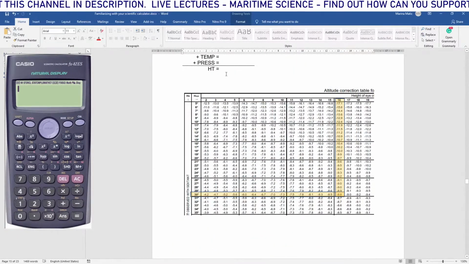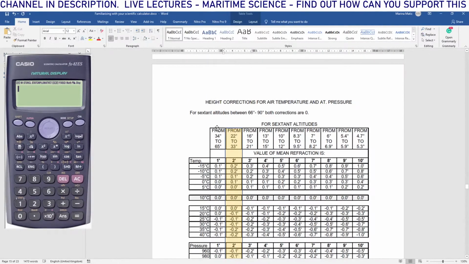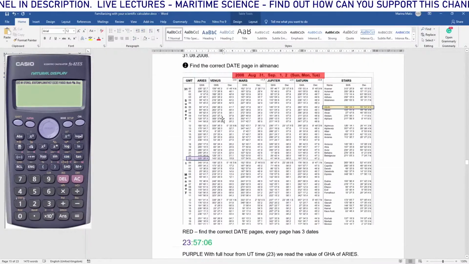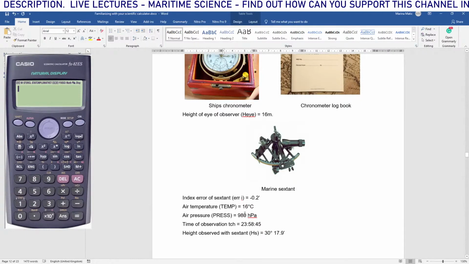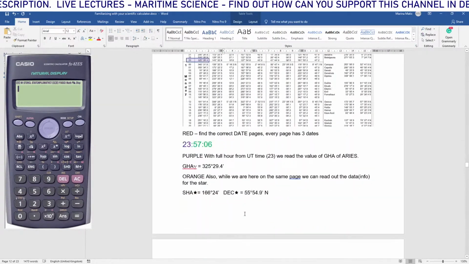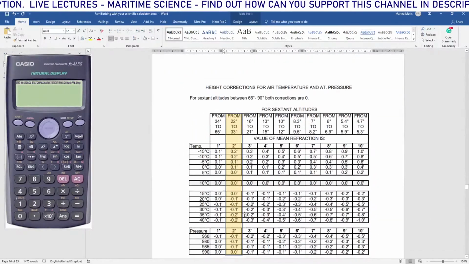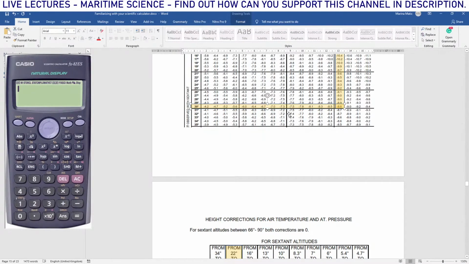So the correction for temperature is 0, and for the pressure, I don't remember how much it was. Let's go back. The pressure was 980 hectopascals. So let's take this one, copy.